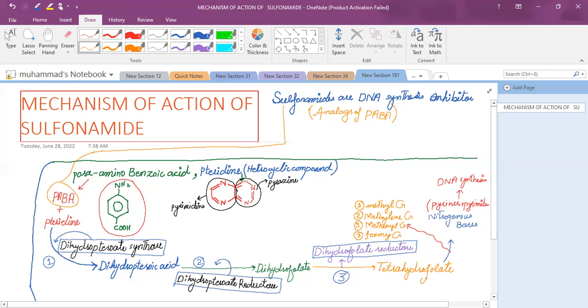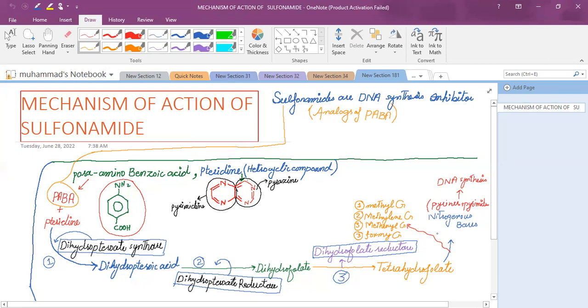And when pseudo tetrahydrofolate is formed, definitely it will not be able to provide its methyl group, methylene group, methenyl group, and formyl group to the purines and pyrimidines for their synthesis. Or if somehow tetrahydrofolate provides its groups to the synthesis of purine and pyrimidine, those functional groups will not be true.